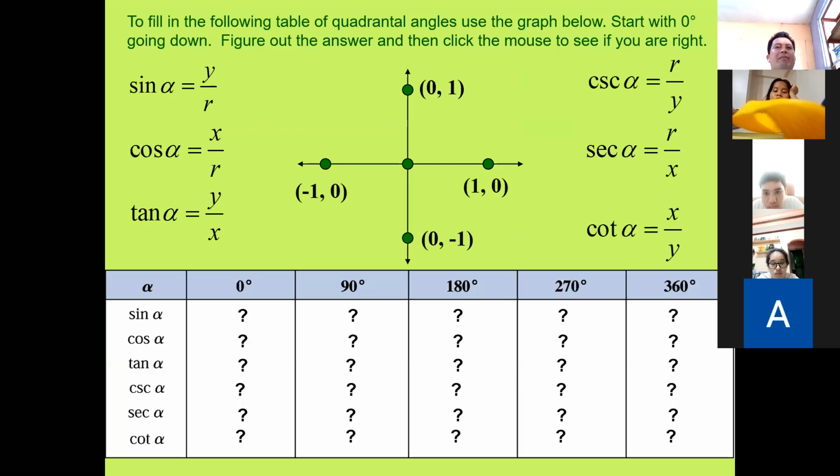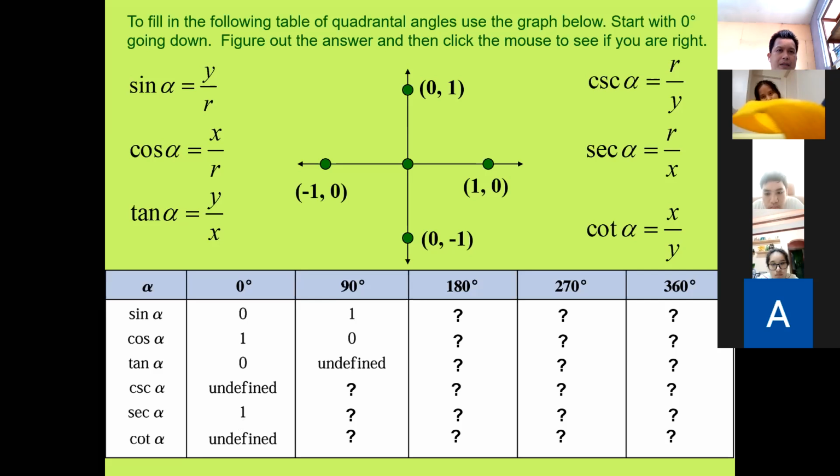You can supply the table, class, with all the information from 0 degrees to 90, 180, 270, to 360. 0 and 360 have the same answer because they just go back to the same location. I will not continue this one. These are the values; I'll just project the answers.